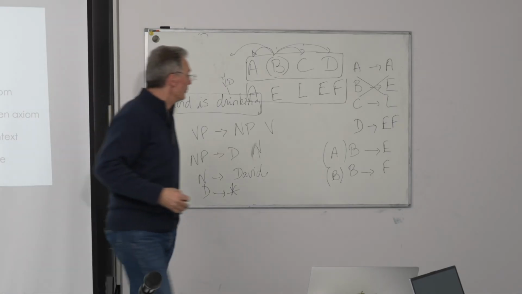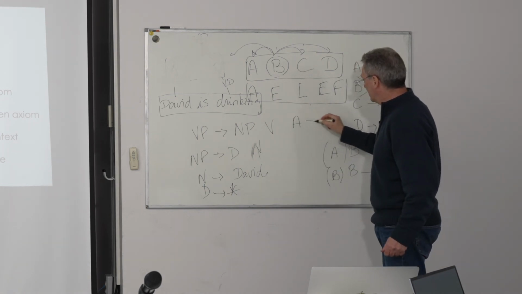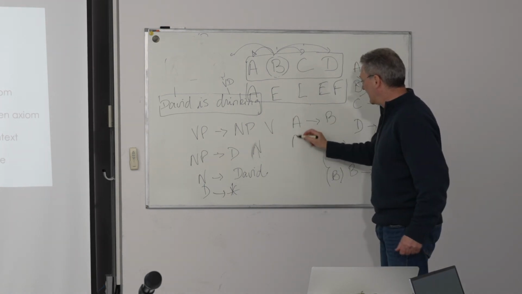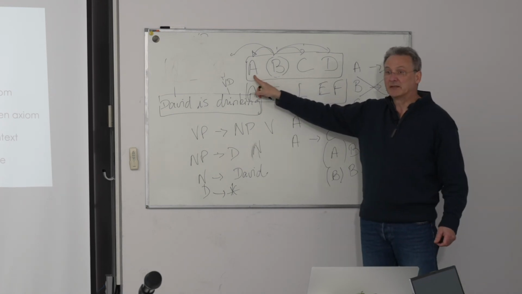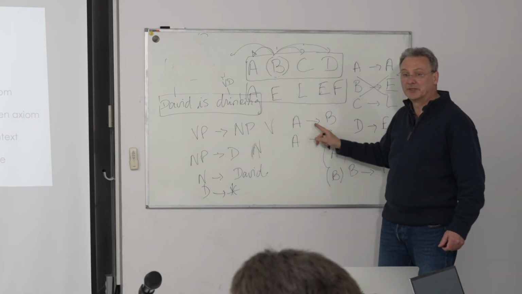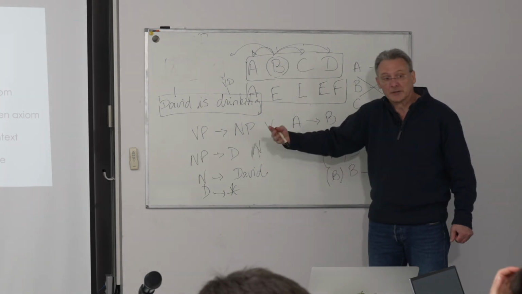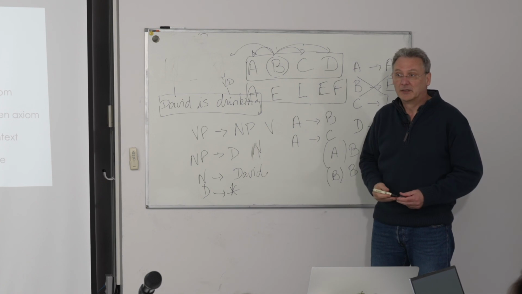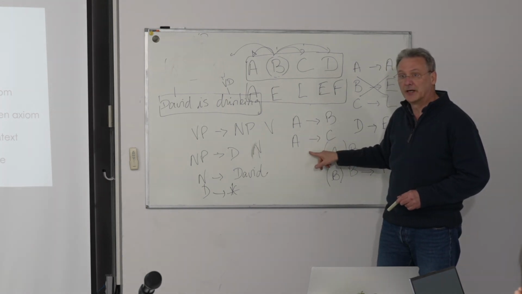If I have a rule like A gives B and A gives C, and I need to match this A, I don't know how to decide between these two rules. So this is non-deterministic. I need to give another piece of information to decide which rule I should choose.